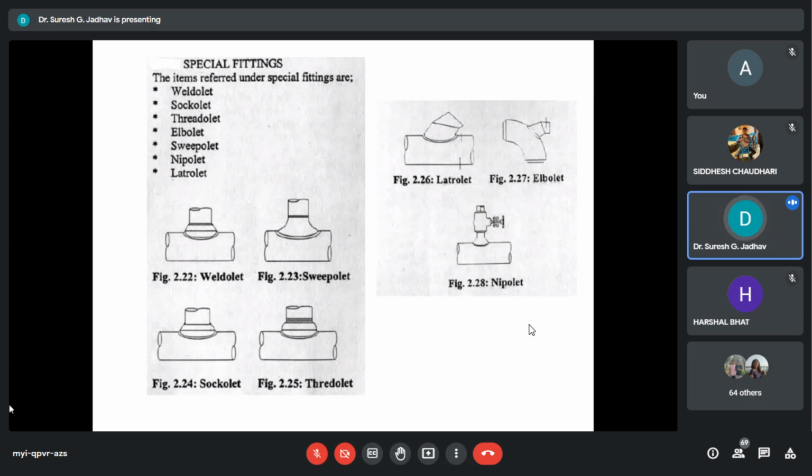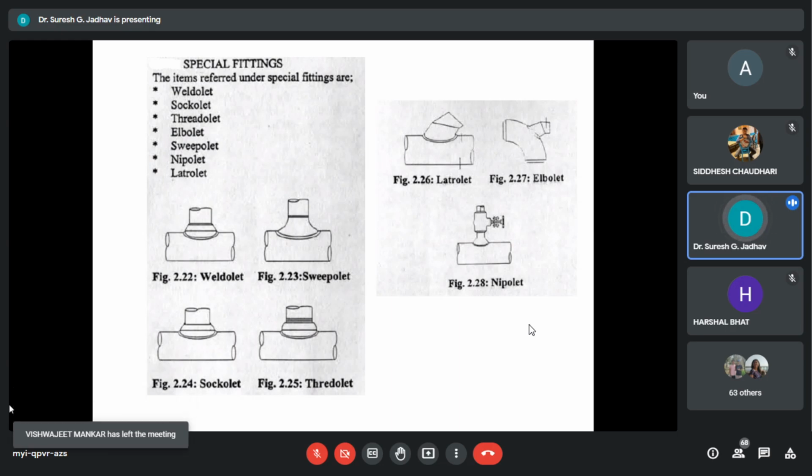Now next is elbowlet. Elbowlet is used for branch connection on elbows and has the profile made to suit the elbows.